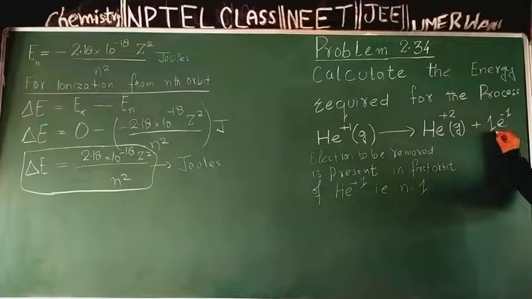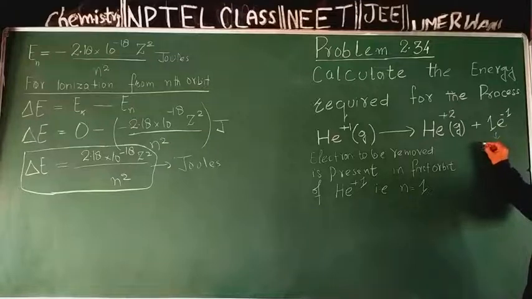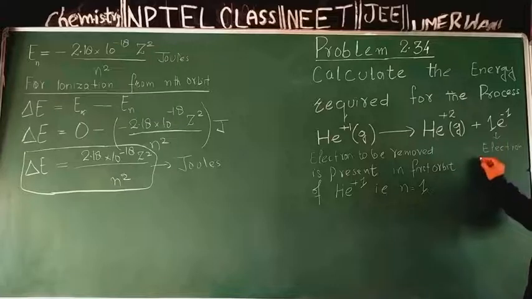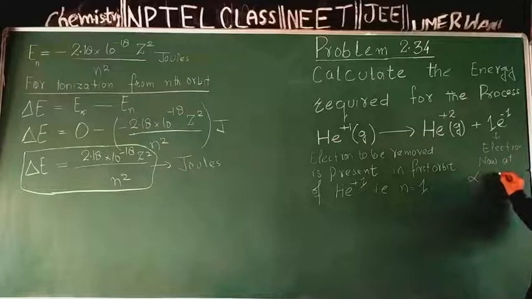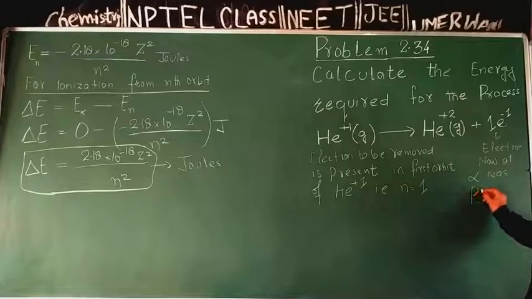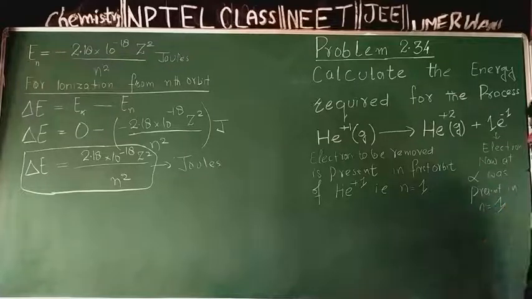This electron, now at infinity, was present in the first orbit, n is equal to 1.